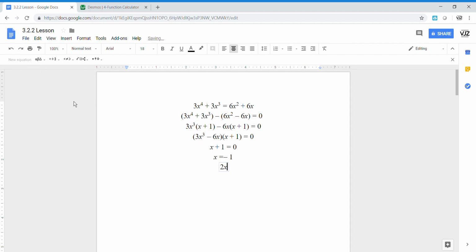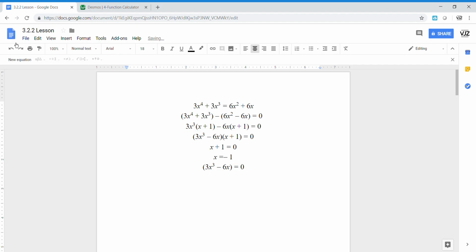So we have 3x to the third minus 6x equals 0. And now we'll keep on solving this.